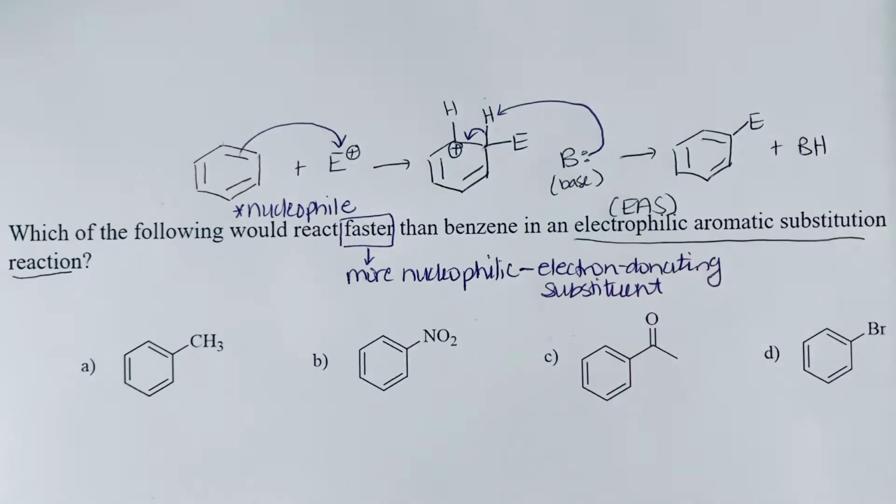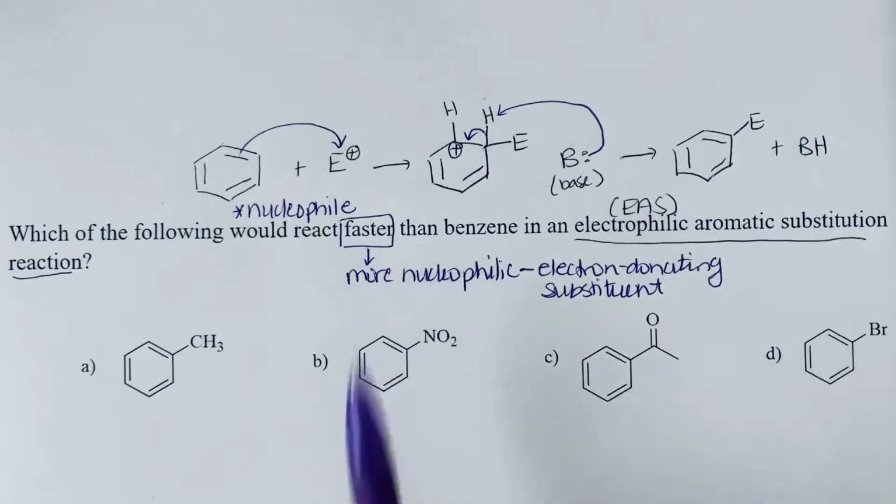So that's really what we're looking at. We're going to classify all of these substituents as to whether or not they're electron donating, which would mean it's going to be more nucleophilic and go faster, or electron withdrawing, which would make it go slower.